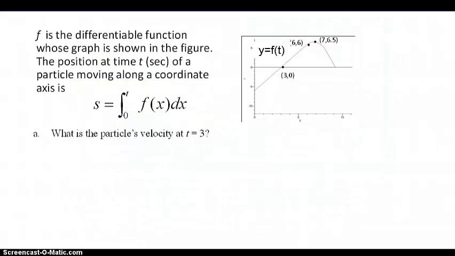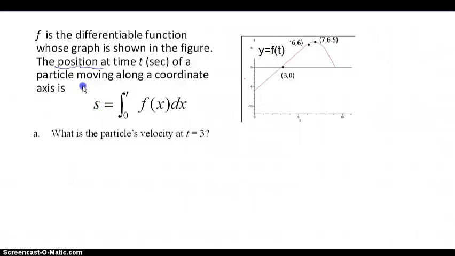Let's do another example in a different context. F is the differentiable function whose graph is shown in the figure. The position at time t, so now they've put us into position, velocity, acceleration instead of f, f prime, f double prime kind of thing. The position at time t in seconds of a particle moving along a coordinate axis is this function defined as an integral.